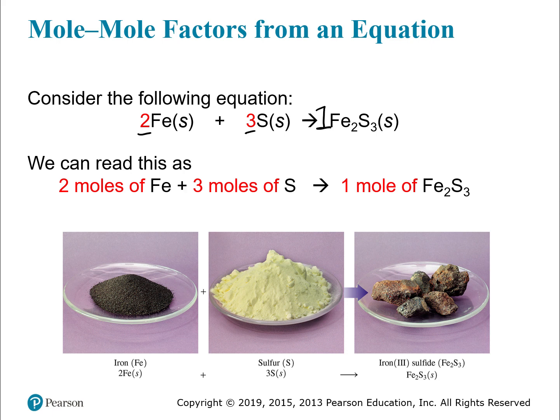You can actually read that equation as 2 moles of iron combining with 3 moles of sulfur to give 1 mole of iron 3 sulfide. So instead of just having naked numbers, we can add moles behind it. And that will help us.